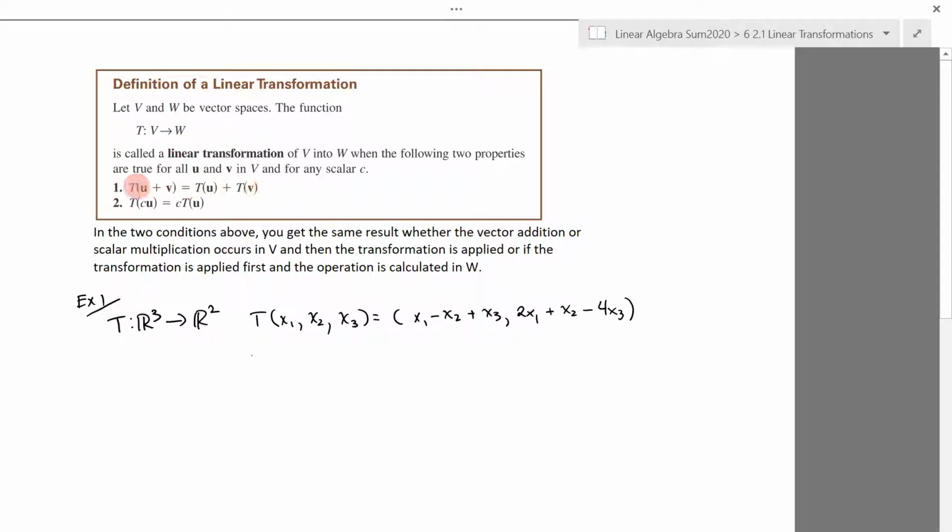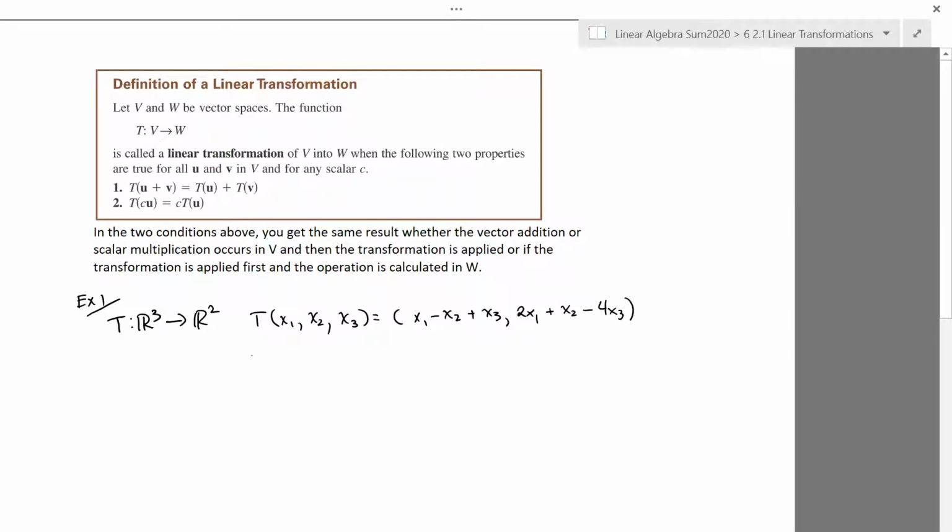And what it means to preserve vector addition is that if you calculate the linear transformation by first taking the sum of the two vectors in V and then applying the transformation, it's the same as if you applied the transformation to the two vectors individually and then do the vector addition in the codomain, right?